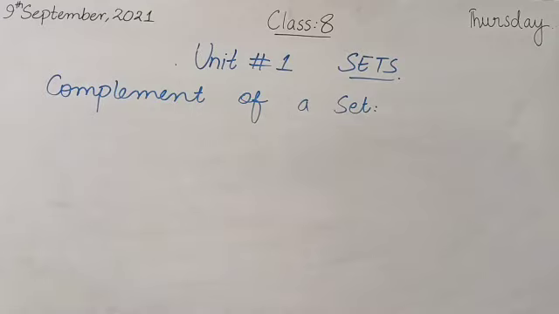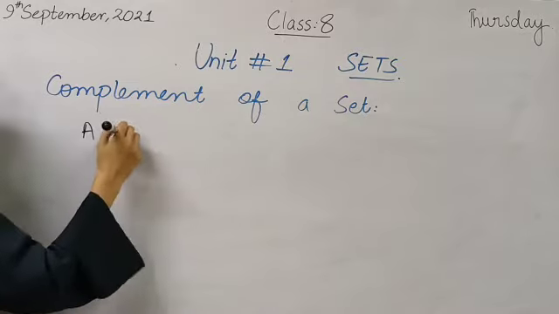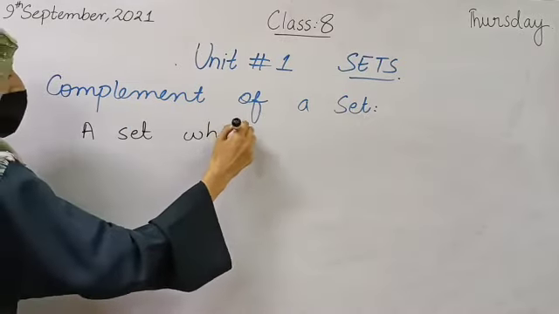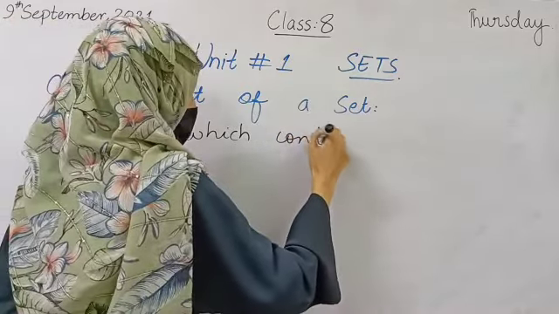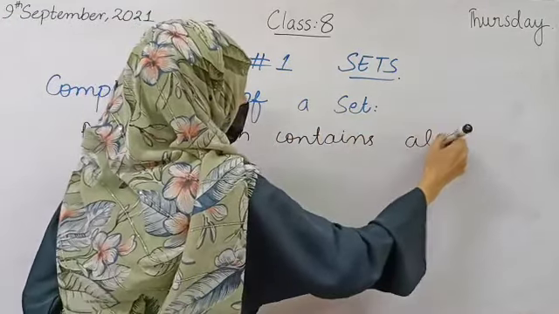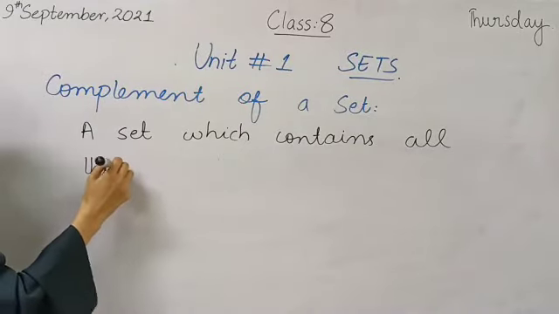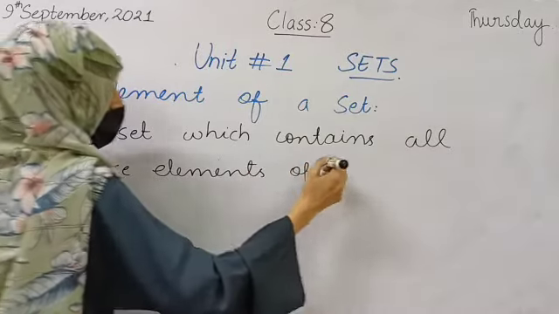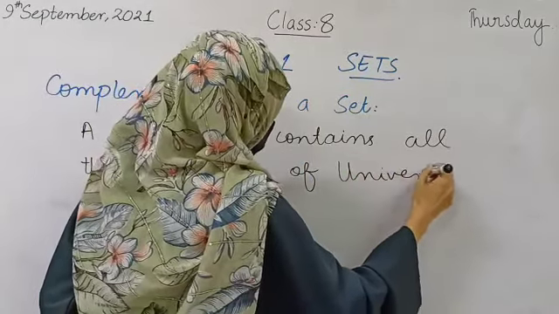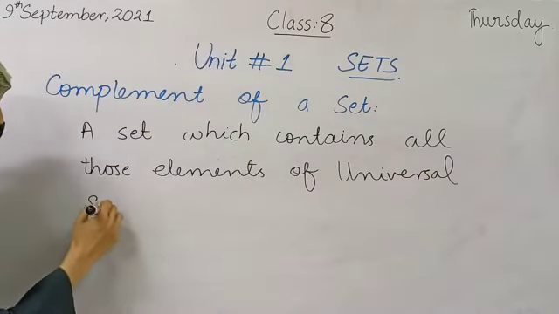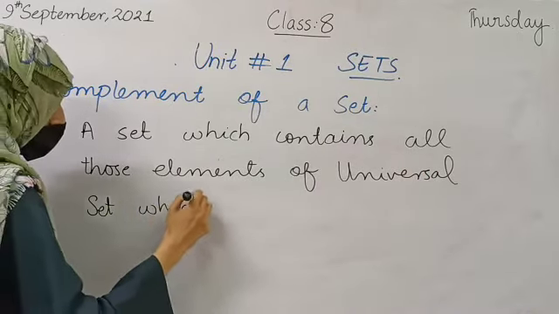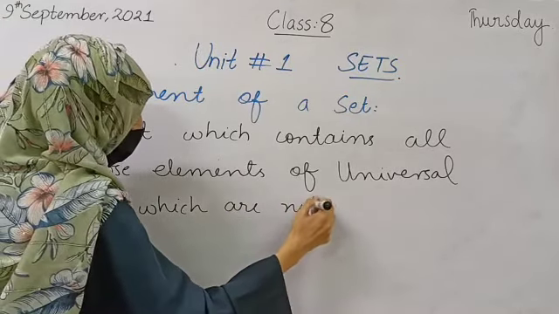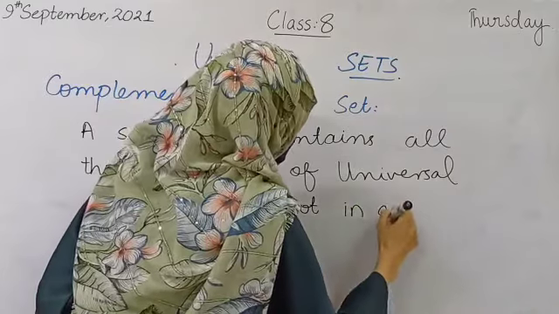Complement of a set is defined as a set which contains all those elements of universal set which are not in given set.